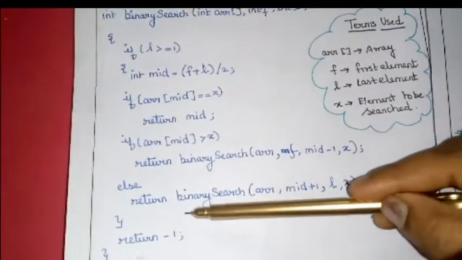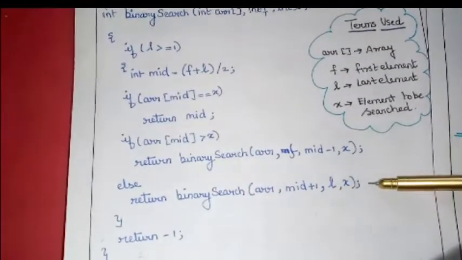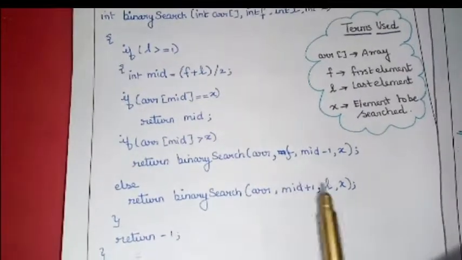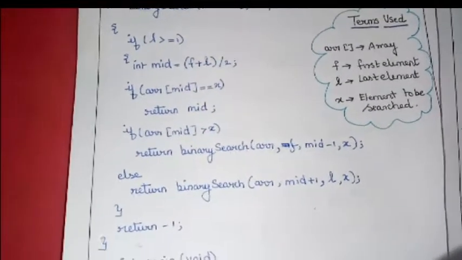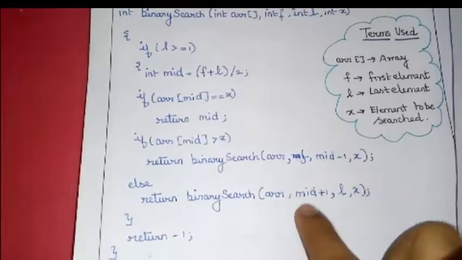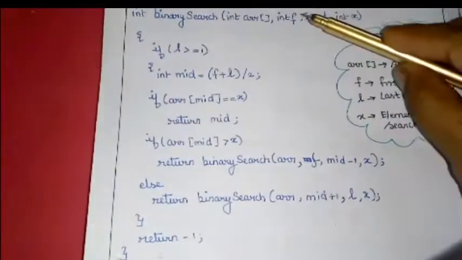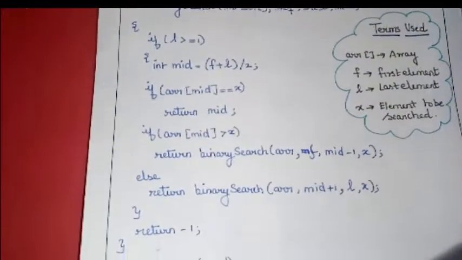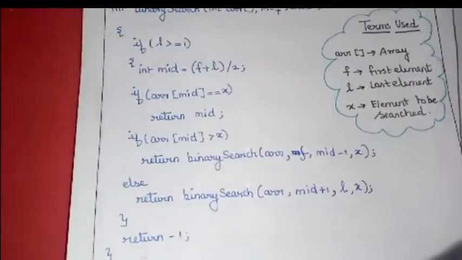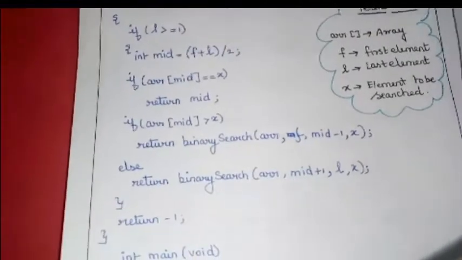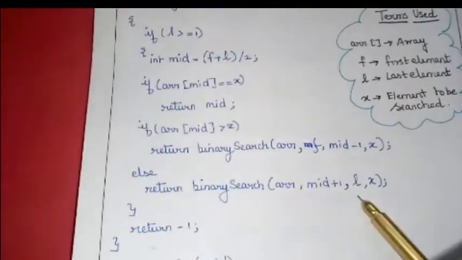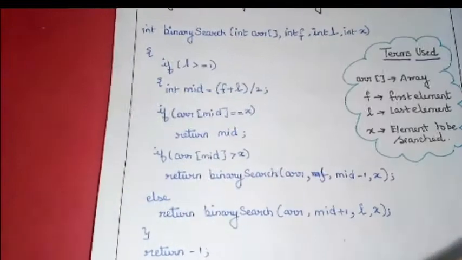Here when I call this particular function, I've changed the arguments based on my requirement of the program. So this particular value will be replaced with f. F will be replaced with this particular value. Okay.